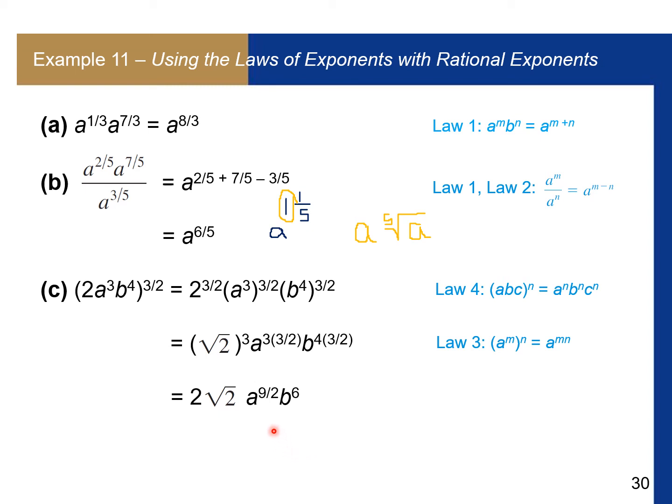Now, once again, from what I just showed you before, I want to take this a to the 9/2 and take a look at that, because if I make that a mixed number, that would be a to the 4 and 1/2.